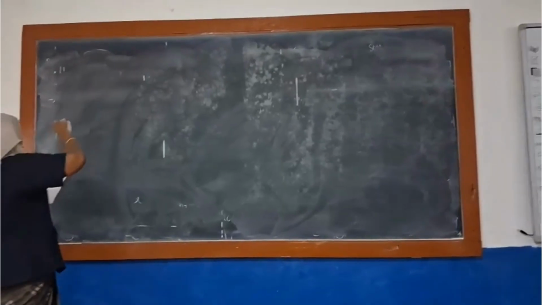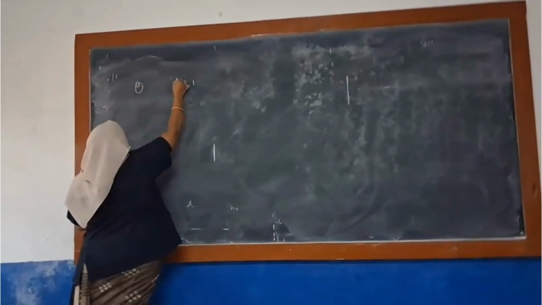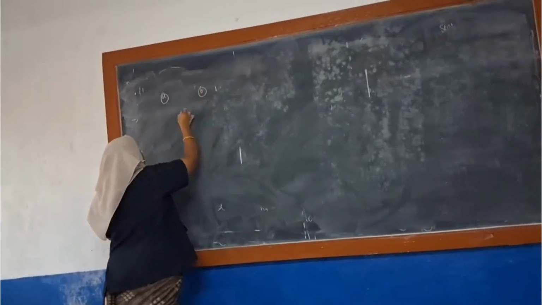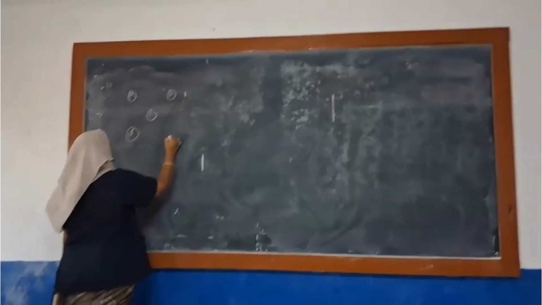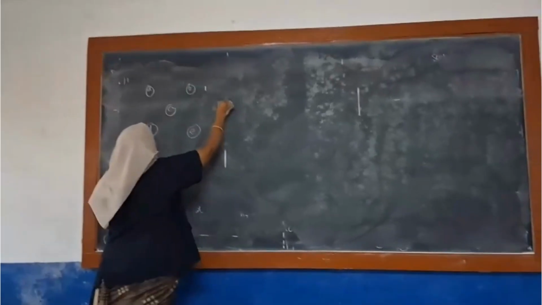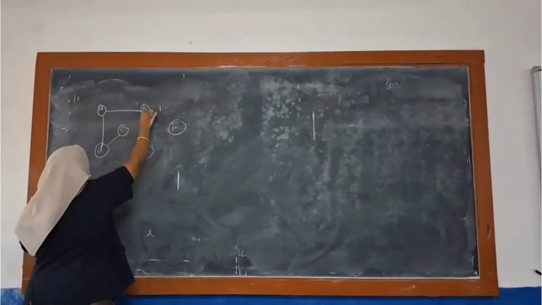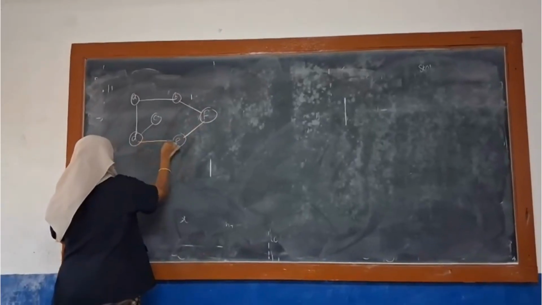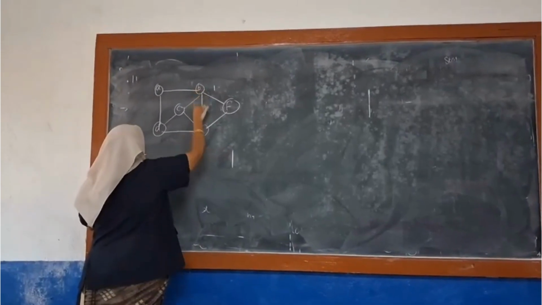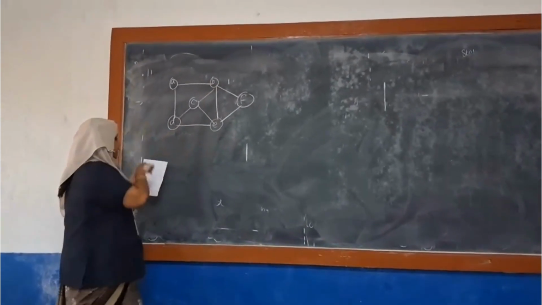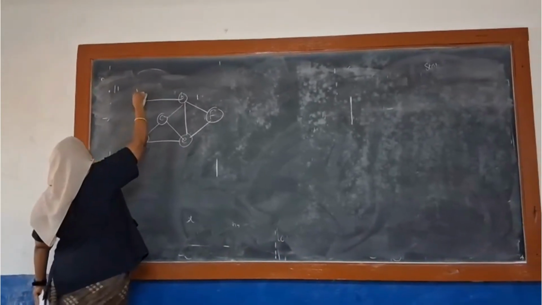So I take one example: A, B, and here my starting vertex is A.